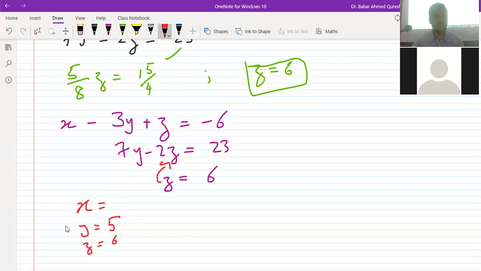Now you take these values and plug them over here. So instead of y and z in this equation, you will now have numbers, and you have a solution for x right in front of you. You will get x is equal to 3.